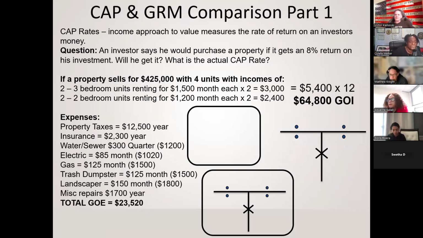I can't do everything for you. What do I have to do now to figure this out? We're trying to figure out the cap rate on the property. What numbers do we need for the cap rate?